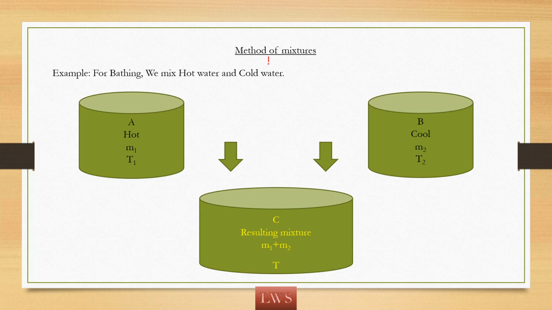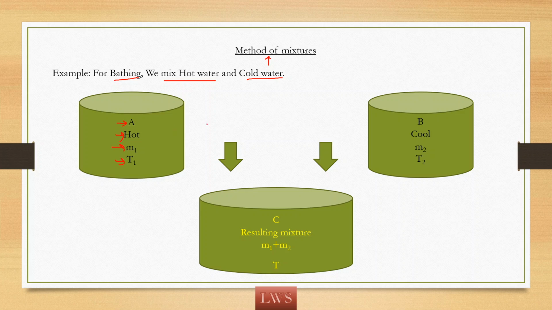Friends, to understand this method of mixtures, let us consider a very simple example. See, we are preparing the water for bathing. We are having hot water and also cool water. So in container A, we are having hot water. I am taking the hot water of M1 mass whose temperature is T1 degrees Celsius.